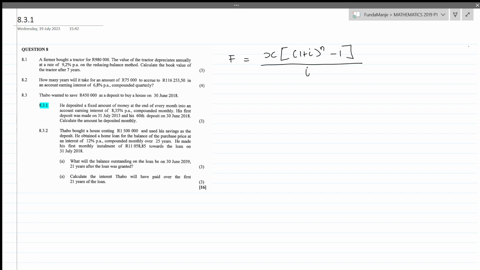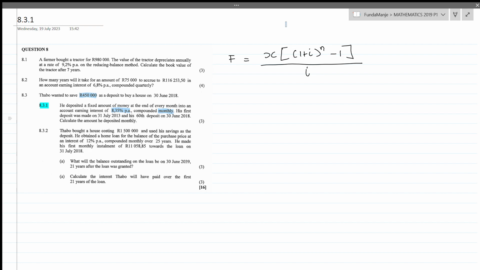So in this question, it's important to highlight the important information. He wants to save 450,000 and he deposits a fixed amount of money at the end of every month into an account earning 8.35, and it's compounded monthly, which is also important.